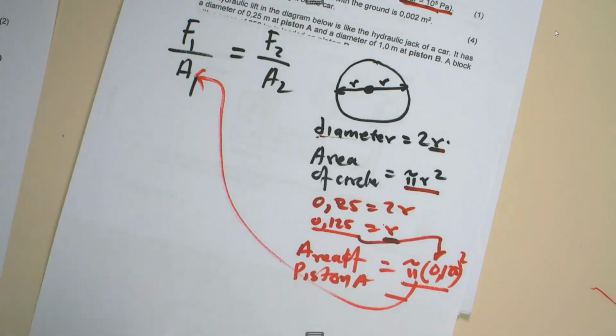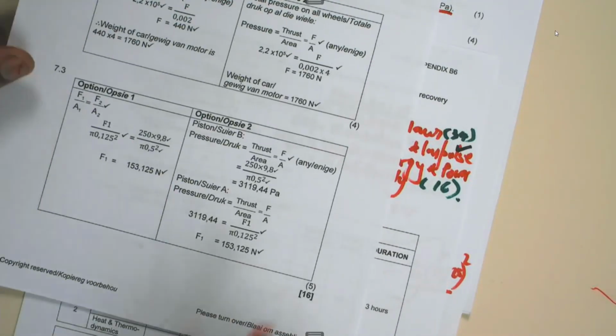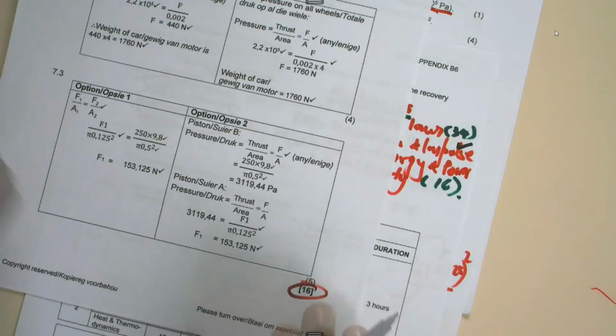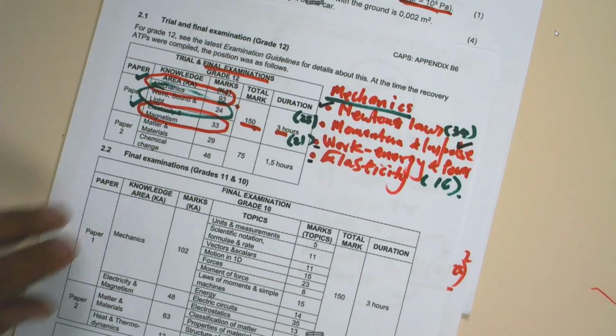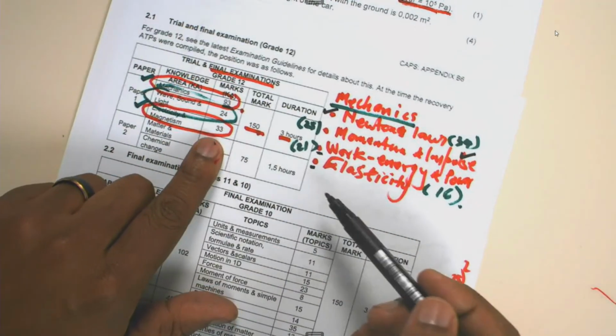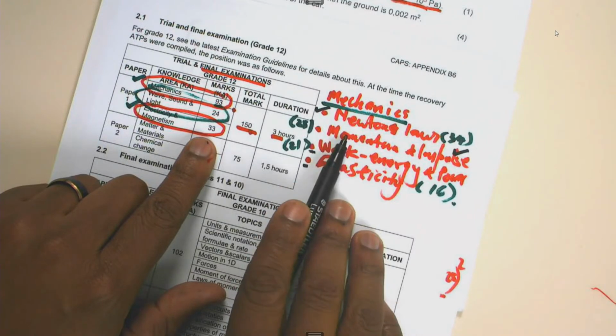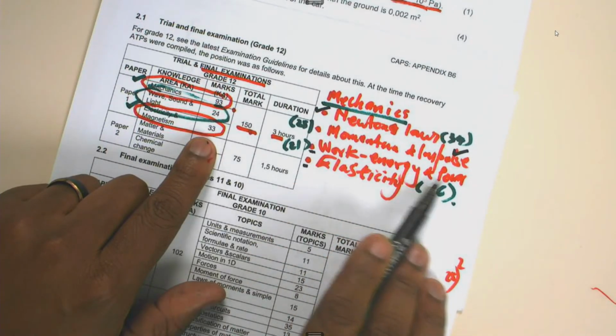So if you check from what we started with, this was basically something like 16 marks together with the first part we did on elasticity. So if you check, we are able now to go back and refer and say Newton was done, momentum was done, work, energy and power was done.